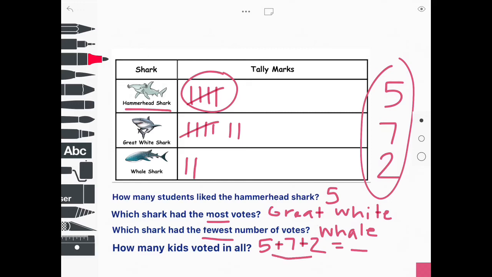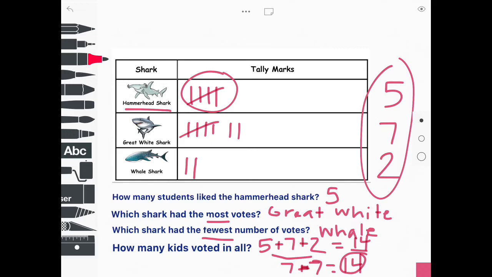I can take 5 plus 2, and I know that 5 plus 2 equals 7. This makes it easy for me to continue with my addition problem, because I know that 7 plus 7 is a doubles fact, and 7 plus 7 equals 14, which means that the number of kids who voted in all is the number 14.